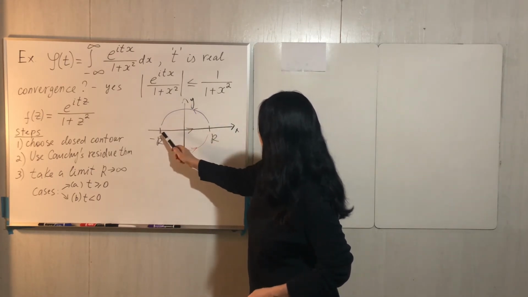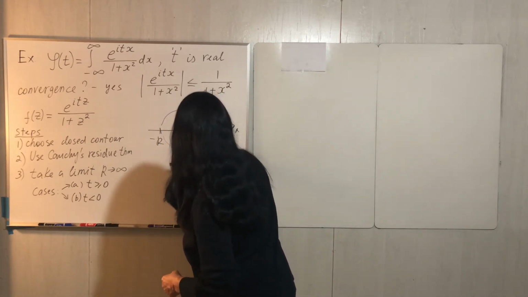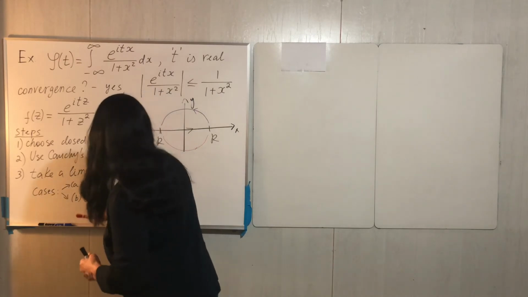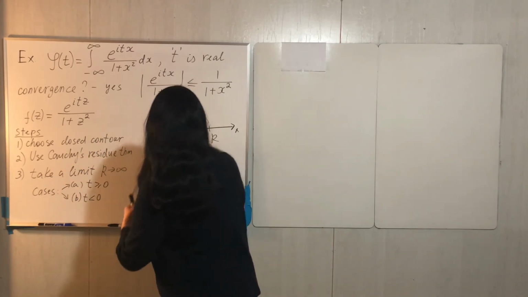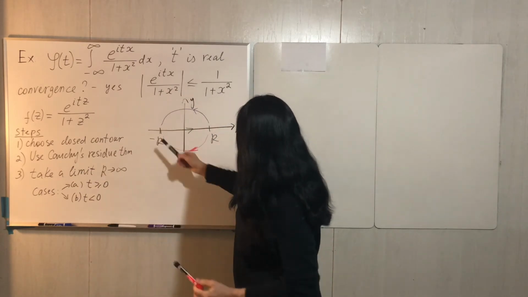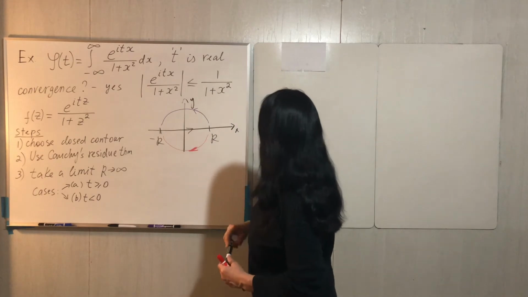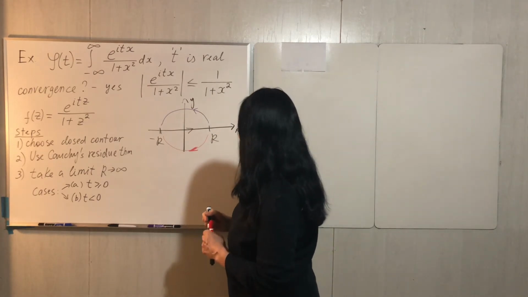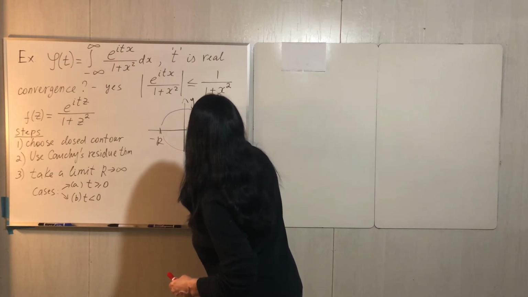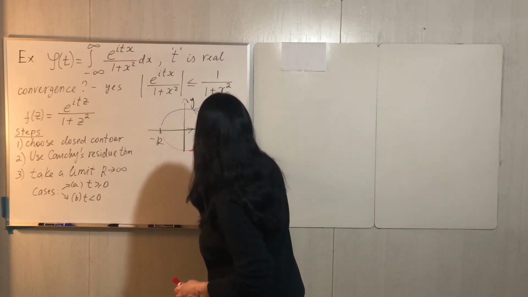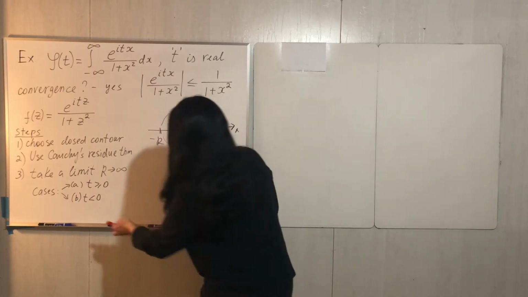If we want to close it the other way, I have to choose the other direction, right? Then here we can go around, and here we can go around. This one we can call gamma r plus, and this one we can call gamma r minus. So which one to choose?